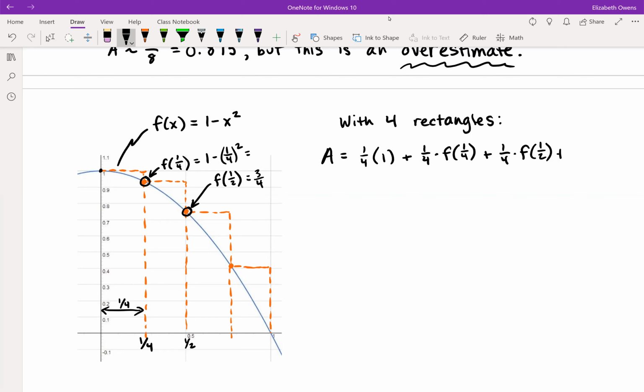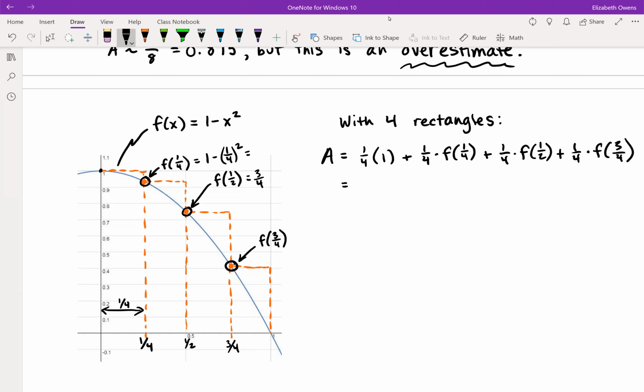And then for our last rectangle here, the point setting the height is x equals 3/4, and so that's going to be f of 3/4 for the height there. So 1/4 times f of 3/4 will give us the area of that last rectangle.